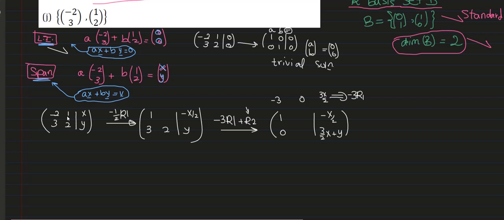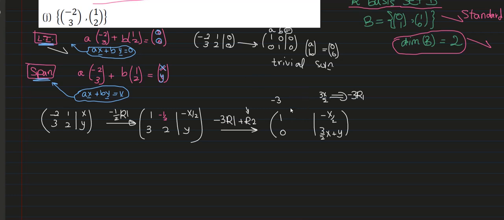So here this 1 times negative half, it will be negative half. I will write it with the red or that color. So it's 1 times negative half because from here to there we multiplied row 1 by negative half. And then multiply row 1 by negative 3. I'm sorry for this. I don't know how I mixed up.